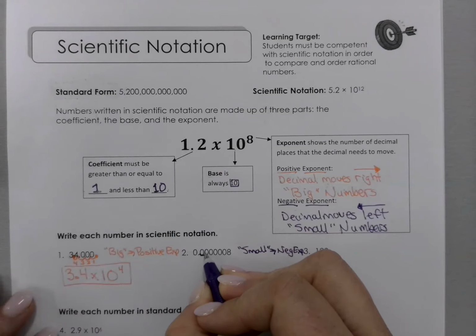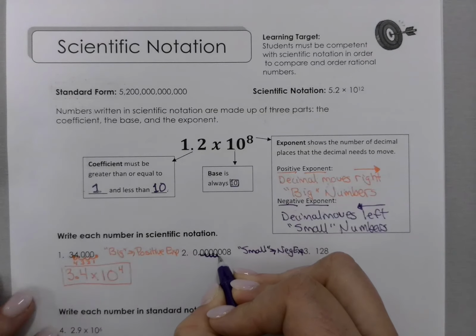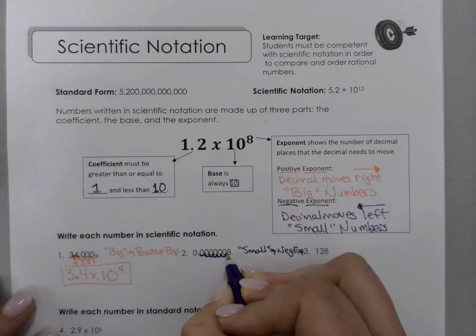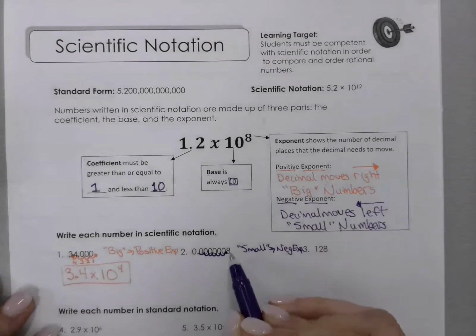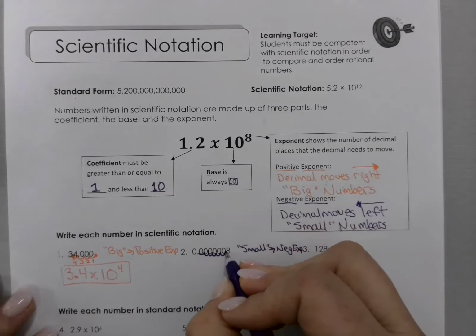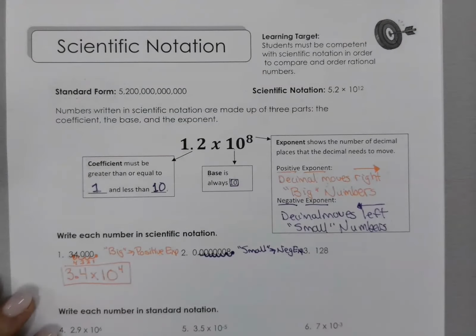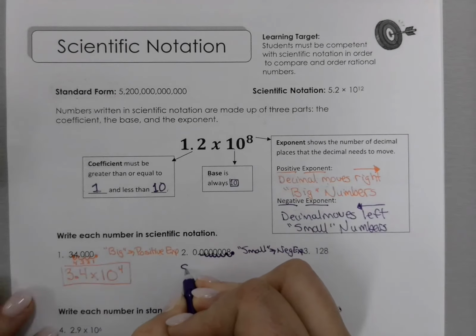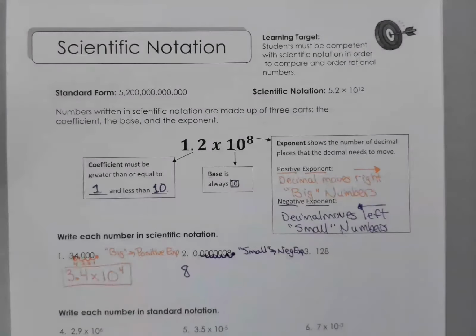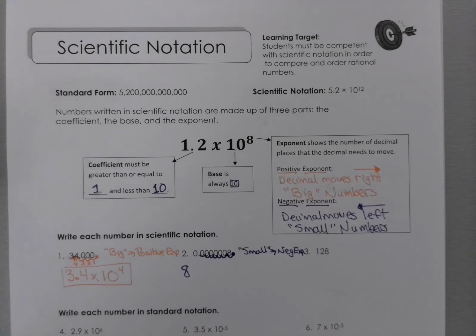I'm going to move it 1 space, nope. 2 spaces, nope. 3 spaces, not ready yet. Now if I move the decimal here, right, I have 0.8. 0.8 is less than 1, so I still need to move it 1 more space. And it's going to be after the 8. And because I have moved it after the 8 and there's nothing left, I can just put 8 as my number.